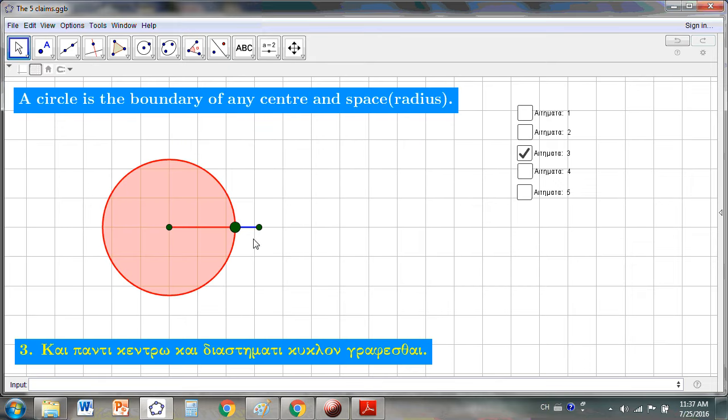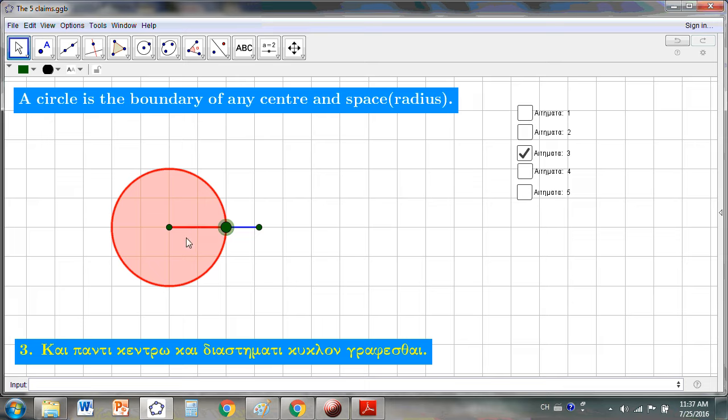The third one states that you can draw a circle, and it also follows from the previous two because any circle can be drawn. What is a circle really? It's the boundary, this red boundary of any center in space. Now remember, while this here is a visualization of a circle, it's not strictly speaking a circle, okay?